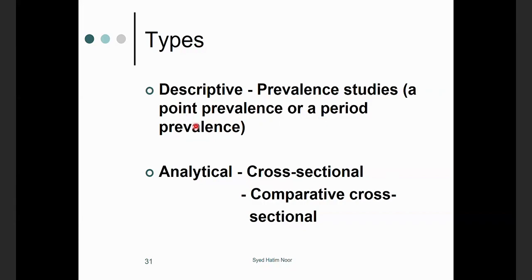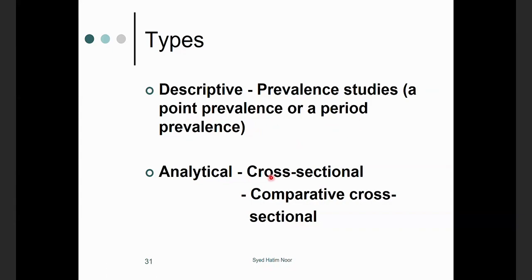Point prevalence means at one particular time, for example, I want to know the prevalence of lung cancer in 2010. Period prevalence is, for example, the prevalence of lung cancer from 2010 till 2020. Point prevalence is more specific, which is why people go for period prevalence.